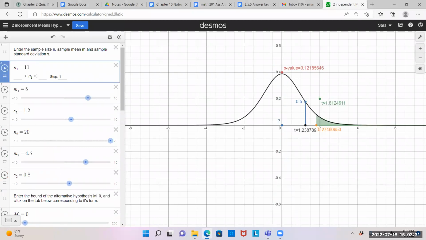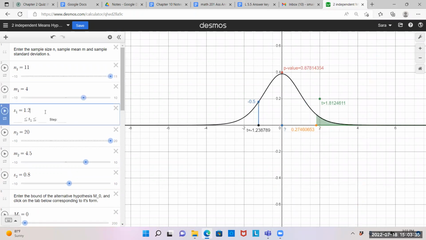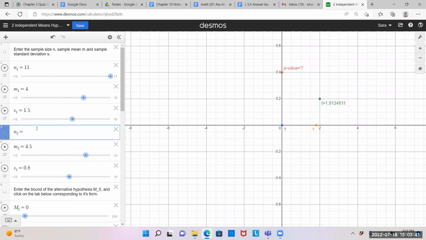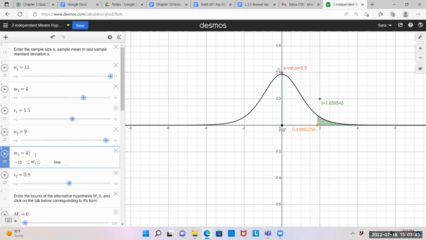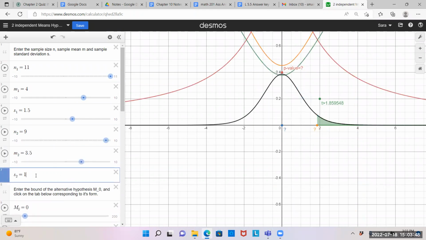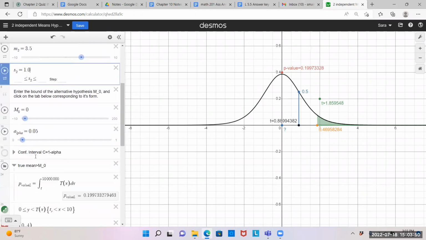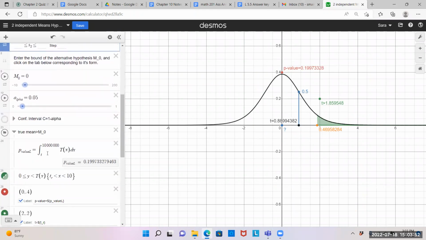So we have 11, 4, 1.5, 9, 3.5, and 1.0, and it's still a greater than.